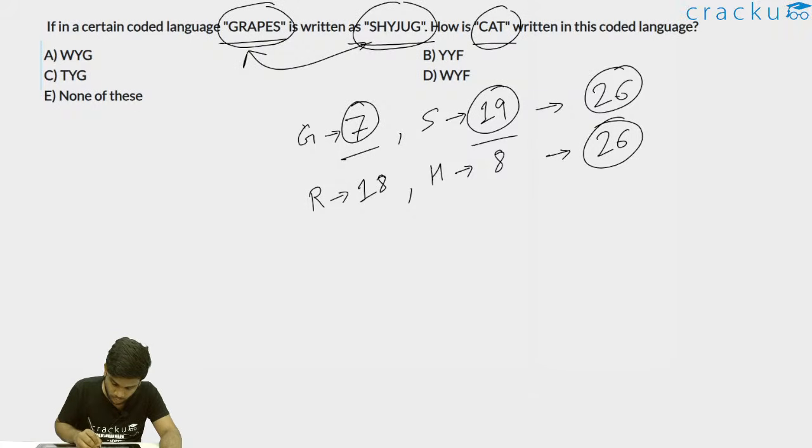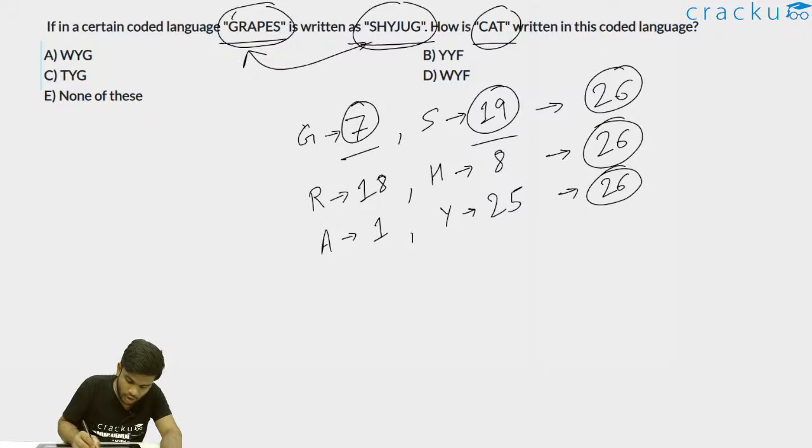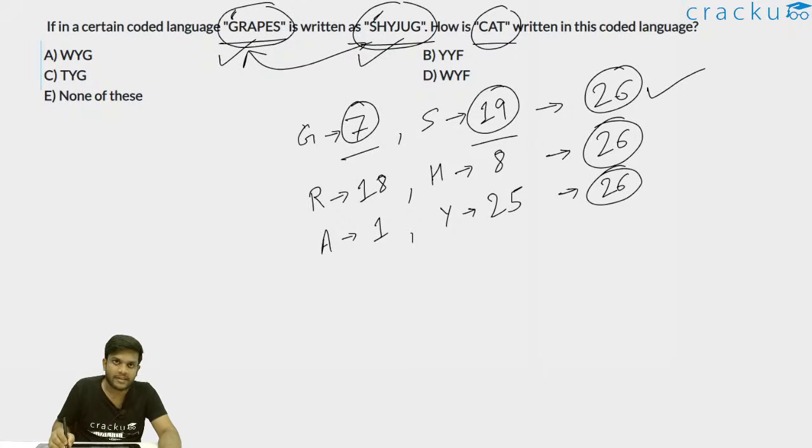Let's look at one more. A is the first term in the alphabet and Y is the second last term, because after Y the last term Z comes. Again when we add both of them, we will get 26. So we can see that for the first term in both the words, the sum of the places is 26.